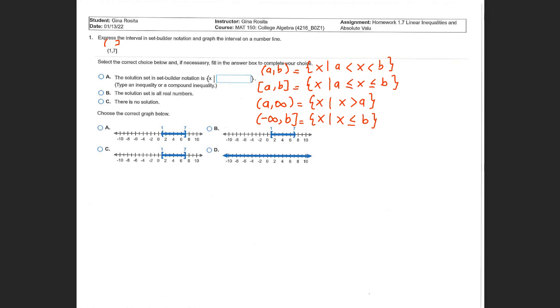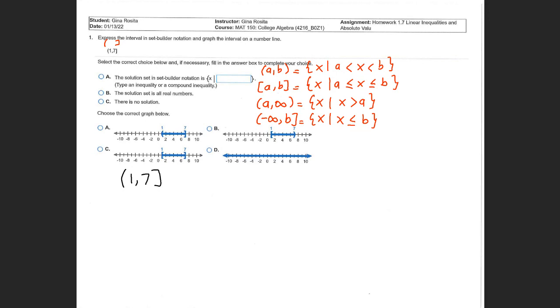Then again, the PowerPoint. Now from this we can do the example. The problem is the interval (1, 7].